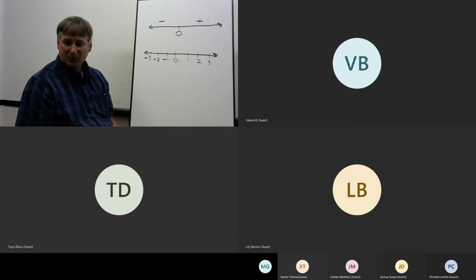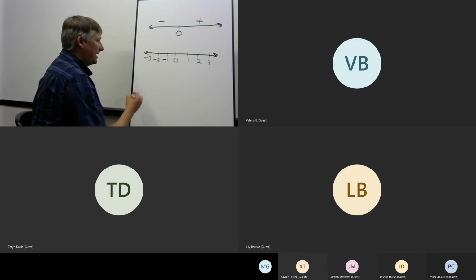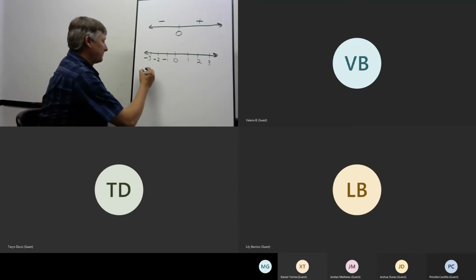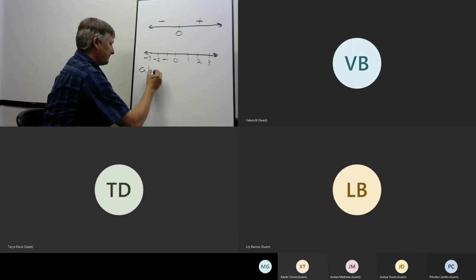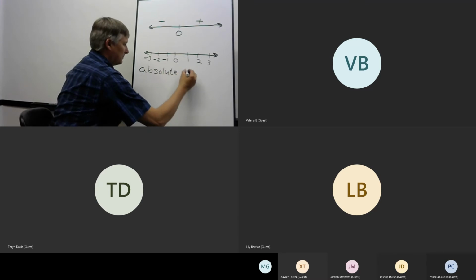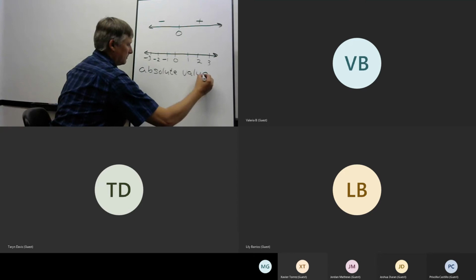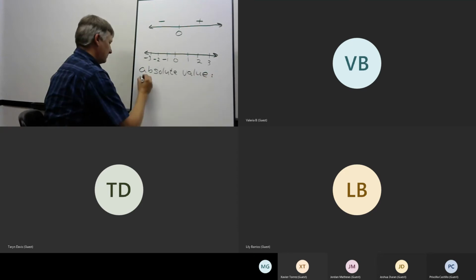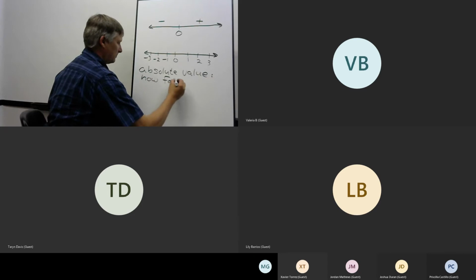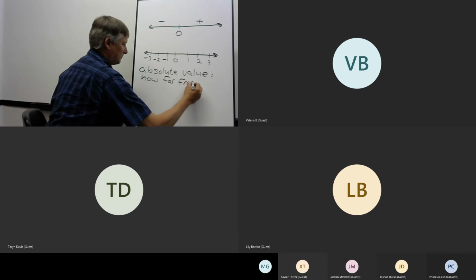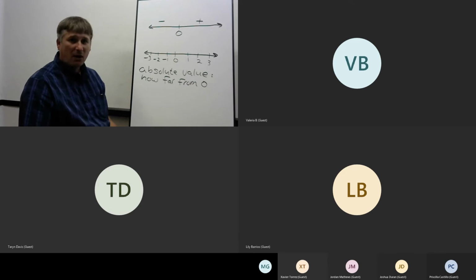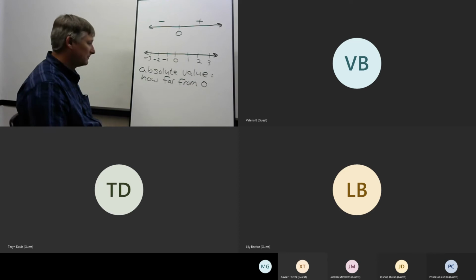Now there's something called absolute value. An absolute value is how far a number is from 0. That's all that it is, how far you are from 0.